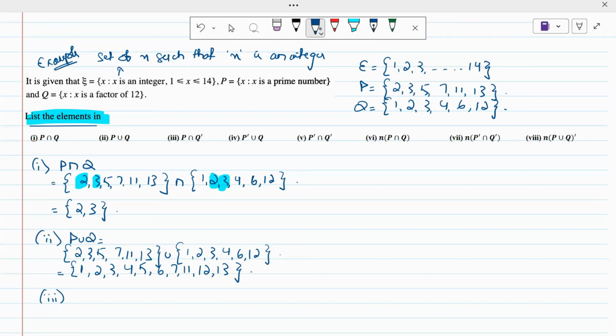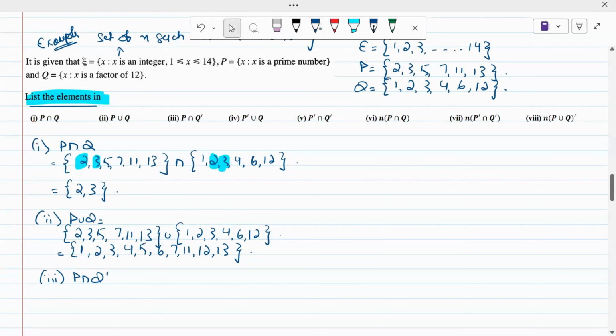Part 3, P intersection Q complement. So, P, we know that it's the elements as 2, 3, 5, 7, 11, and 13.